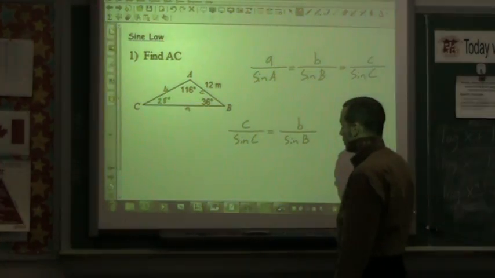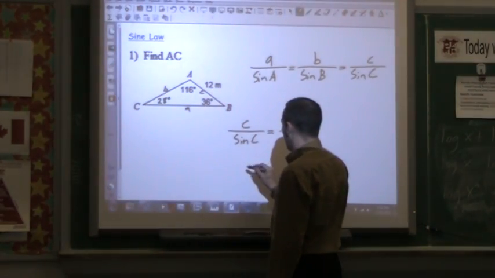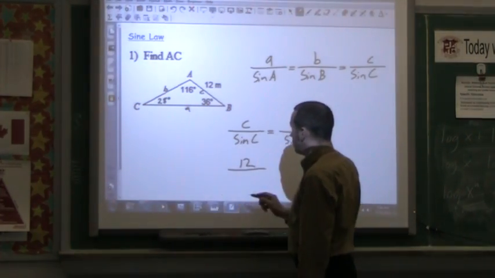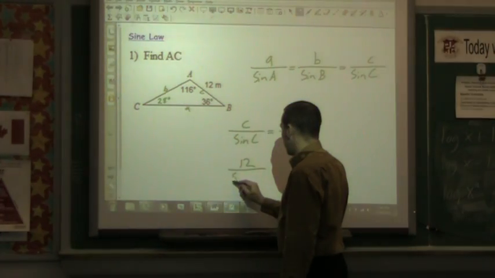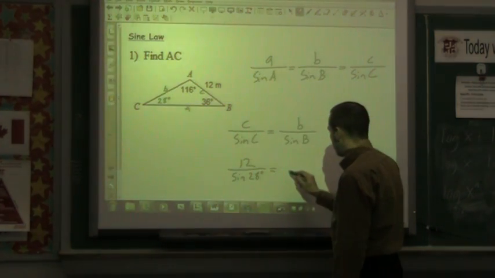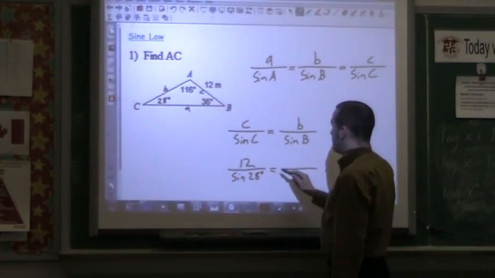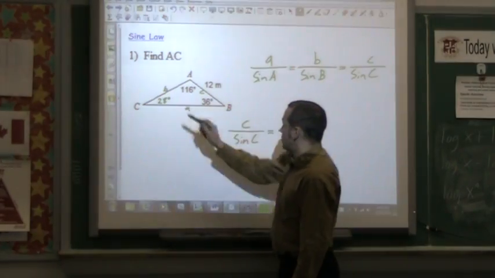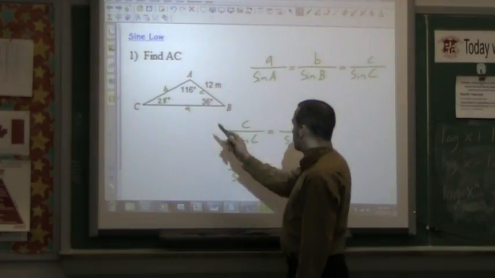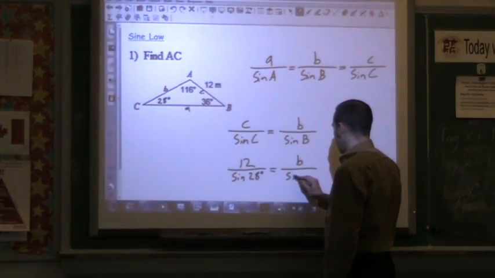We fill in our information. C is 12. My angle C is 28, so I'll be taking the sine of 28 degrees. And we'll set that equal to B, which is the missing side length. And then sine B, so the sine of 36 degrees.